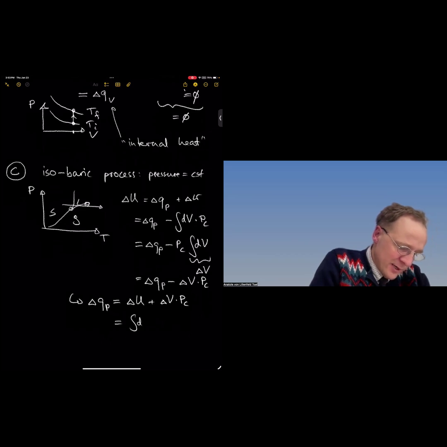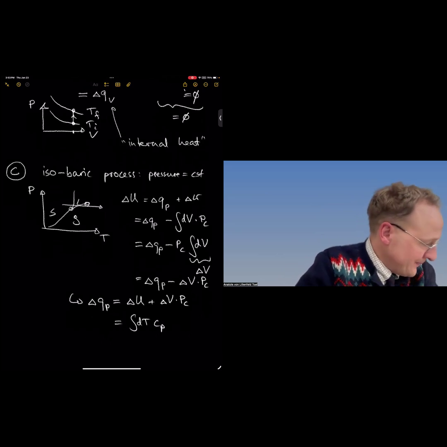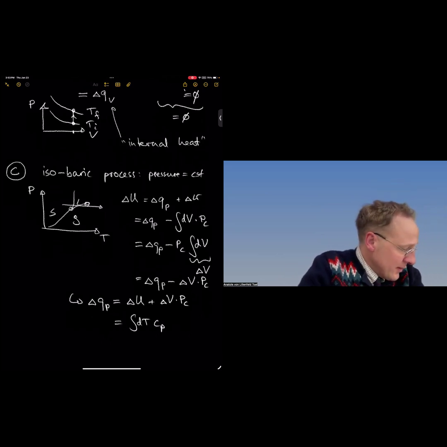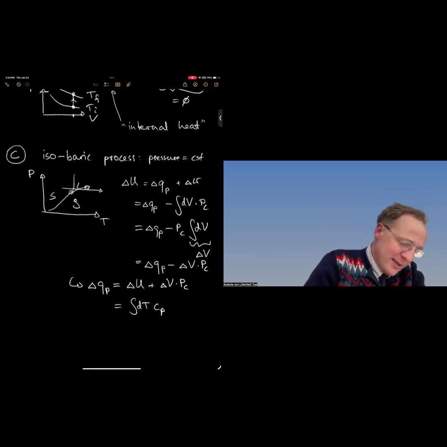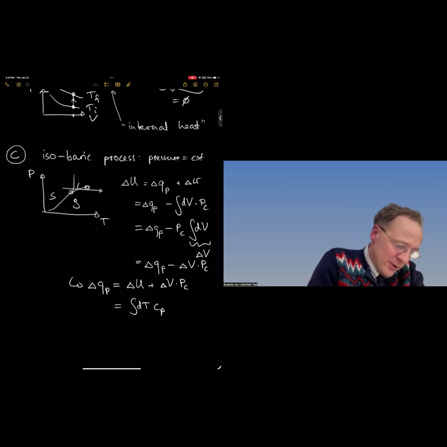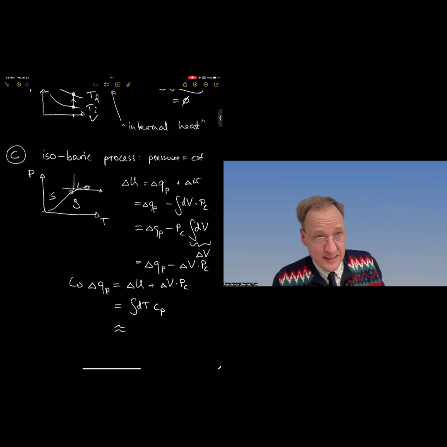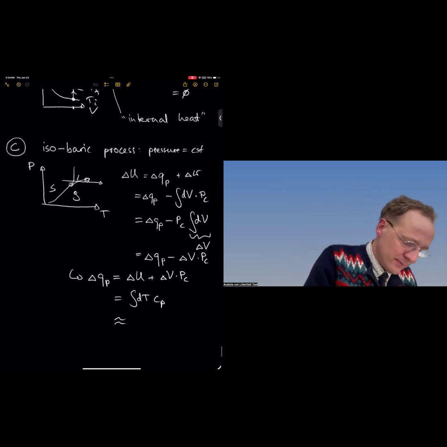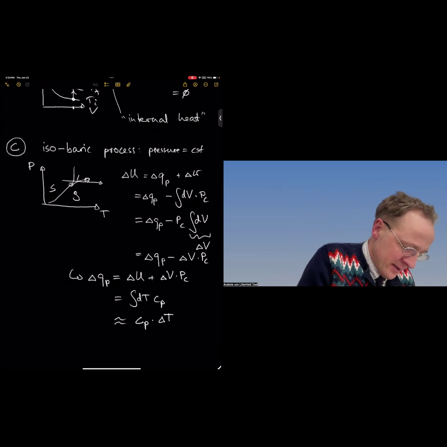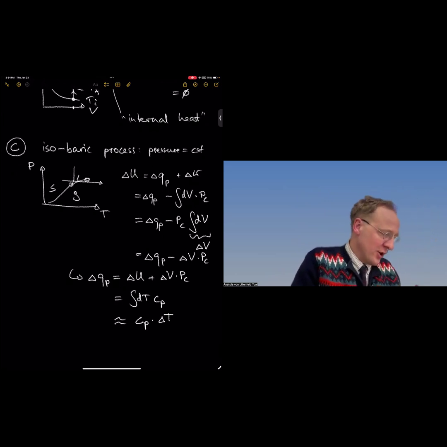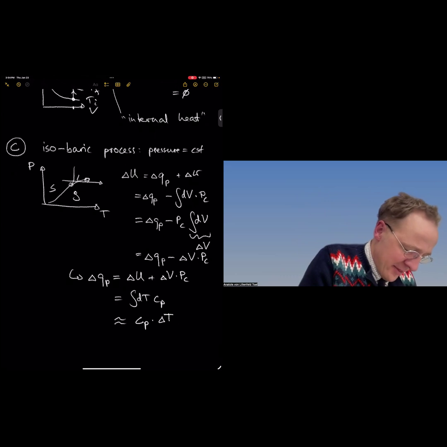And this is my integral over the temperature change of the pressure dependent, temperature dependent heat capacity, which if you assume that the heat capacity is temperature independent, would be Cp times delta T, which is known as internal heat or enthalpy.